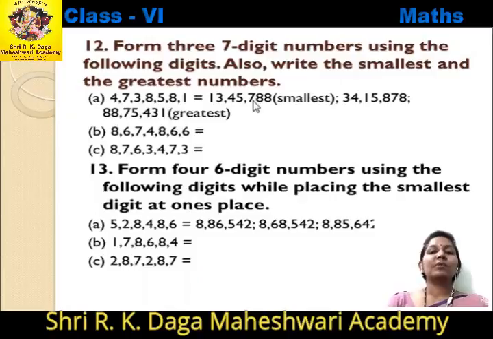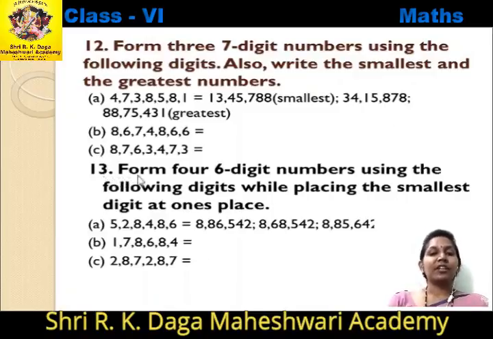So these two numbers are smallest and greatest respectively. Now we will write one other number using these digits. We can write any number using these digits. I have written 34,15,878. Instead, we can write 15,34,878. The choice is ours.